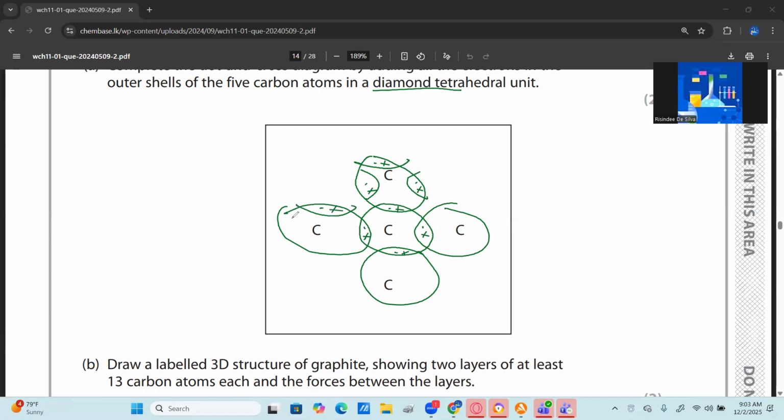They expect you to show that as well, because if they have lone pairs, we show the lone pairs. So if they have bond pairs, you have to show the bond pairs as well to complete the structure, as diamond is a giant covalent lattice. So 1 mark is given for the central atom with 4 bond pairs, and the second mark is for showing the bond pairs of the other 4 carbon atoms.